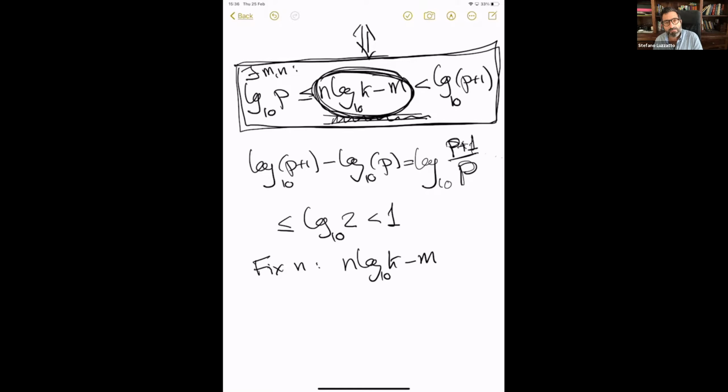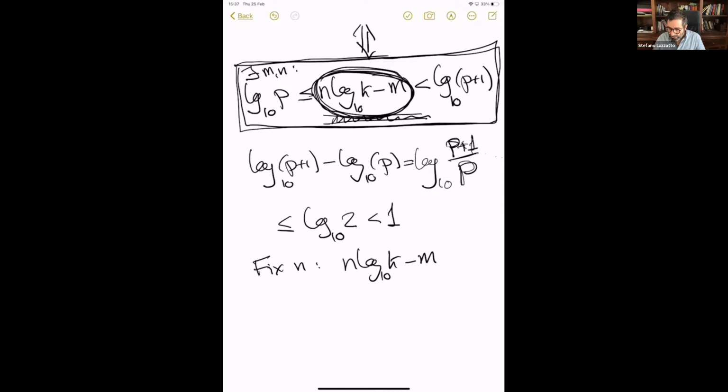As large as possible, but less than n log base 10 of k. So what is the largest integer which is smaller than n log base 10 of k? The floor function, the integer part. The floor of n log base 10 of k. The integer part, after this is the fraction.